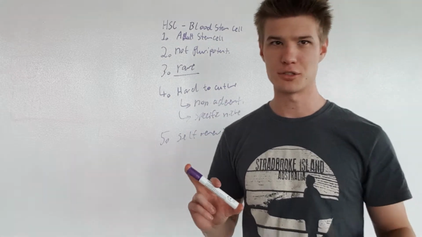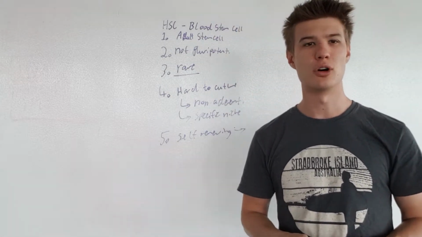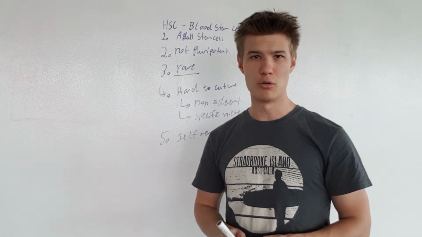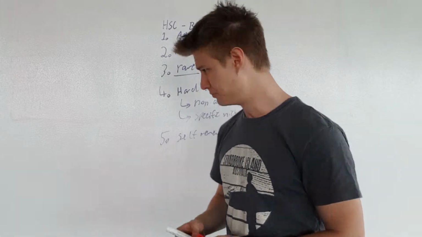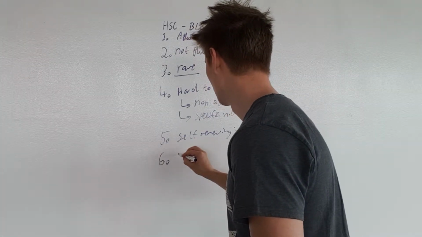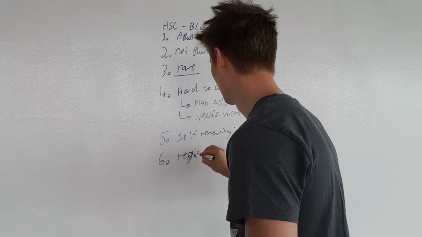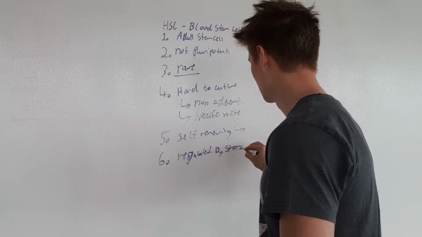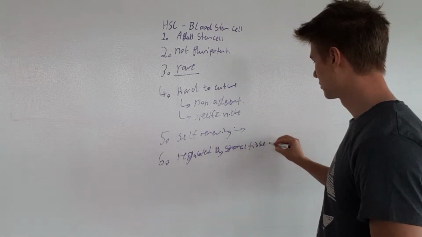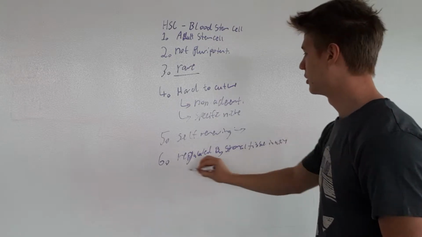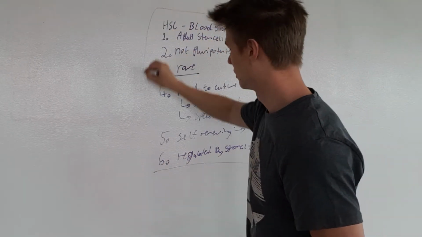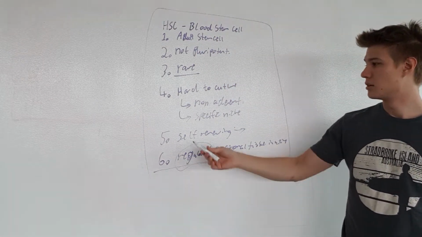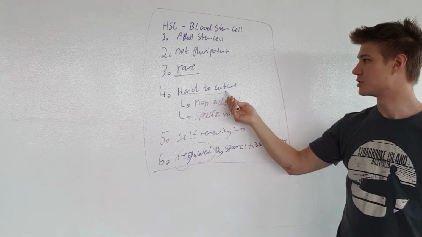And perhaps most challenging and interesting, as I've alluded to before, they're regulated by, and they regulate, the stromal tissue in the niche. That contributes to this hard to culture point.